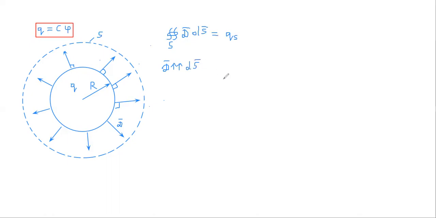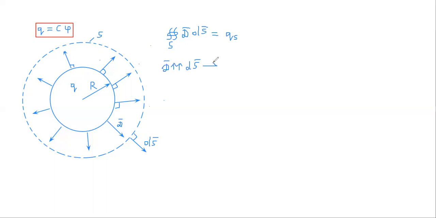It can be assigned with these two arrows. These two arrows mean that D and dS have the same direction. So I'll show this here. For example, this is dS, and it has the same direction as vector D.